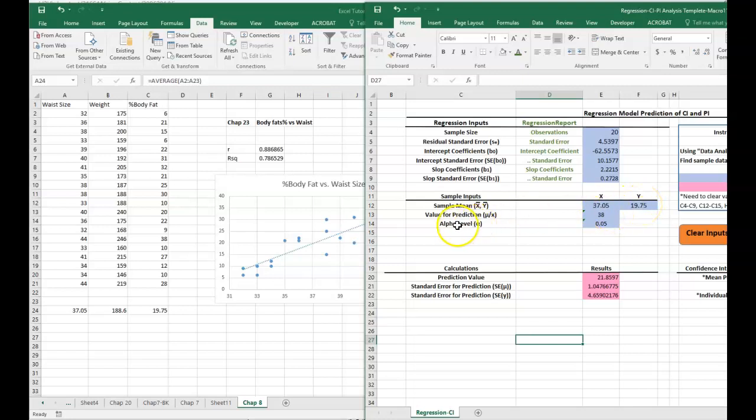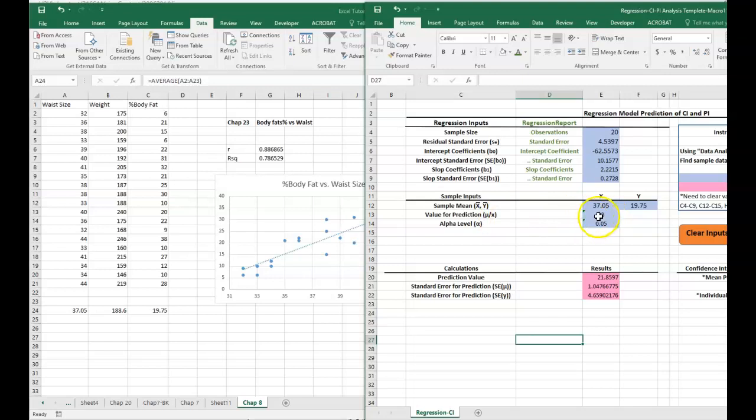Sometimes you will be asked to predict a sample mean value. If we have another sample, say 20 other values, we can predict the mean value, or predict for a given X value, as in the example we will see in the notes.